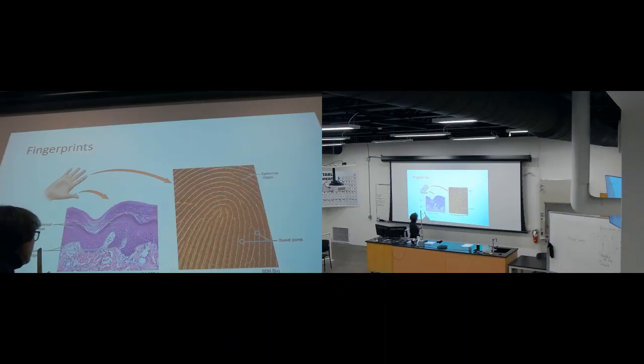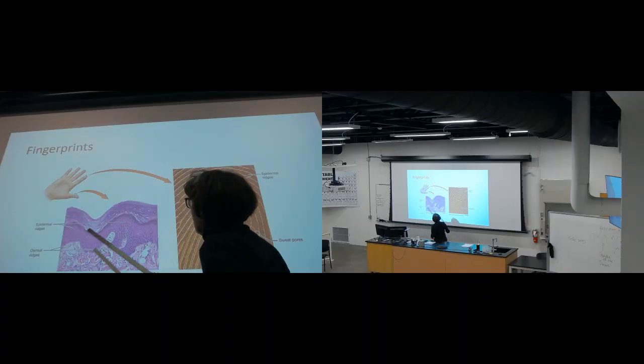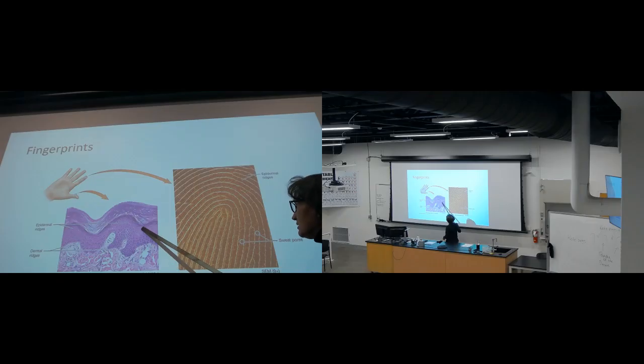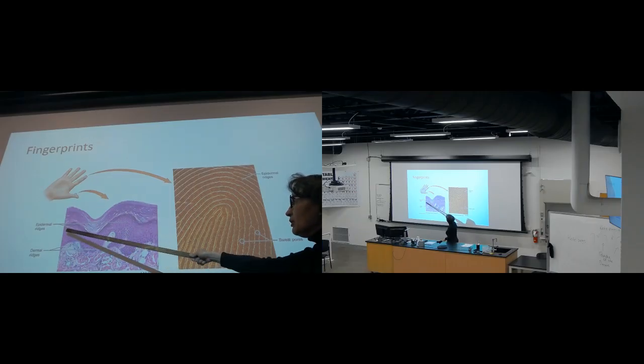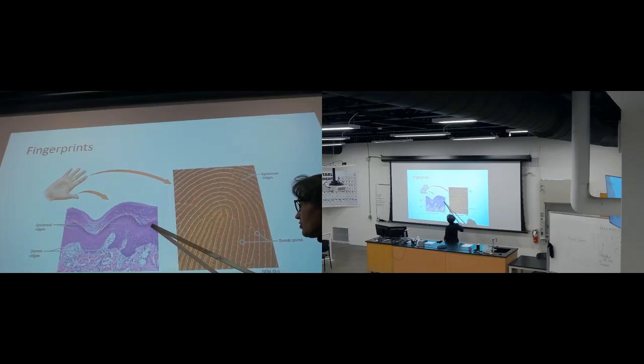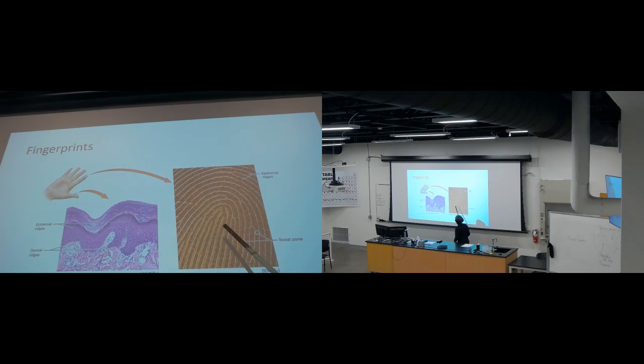So now our epidermal ridges of the skin, which will be these ones, will be undulations in the structure. If you magnify, this is the longitudinal view, and this is the superficial or surface view of our fingerprints.